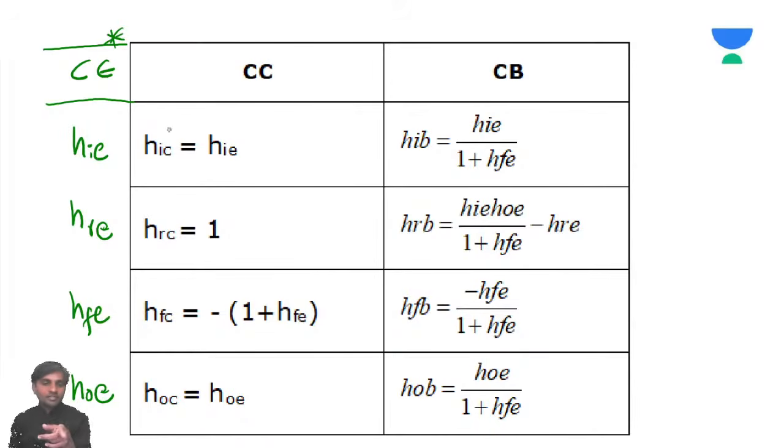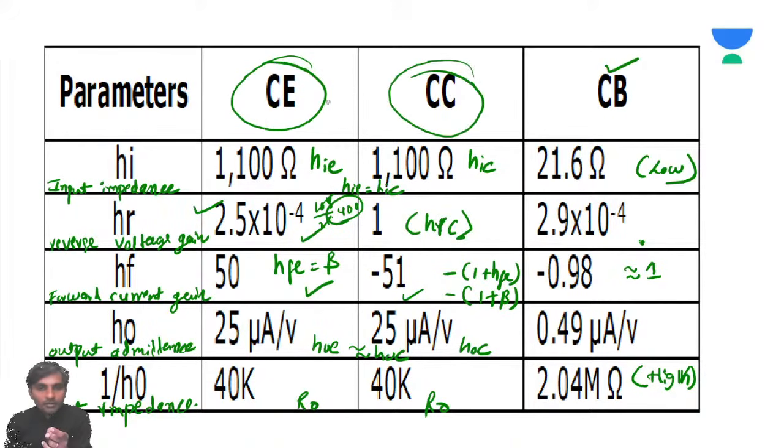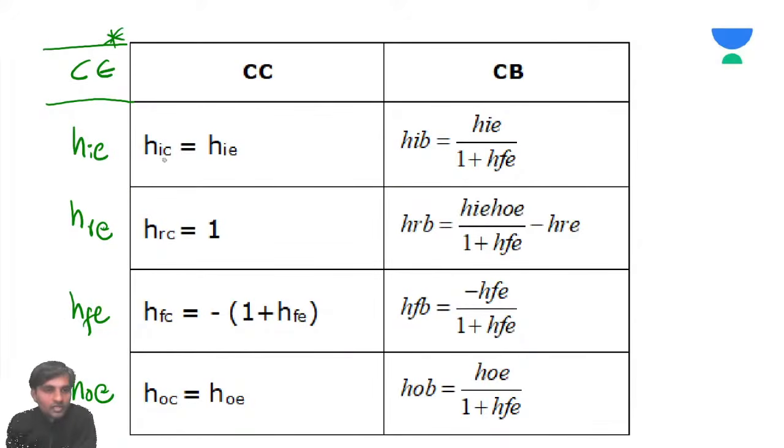But remember, just now we discussed, in most cases common emitter and common collector are almost the same. Look here: HIC is equal to HIE, so no change, and HOC is equal to HOE, so no change. HFC is simply minus of 1 plus HFE.